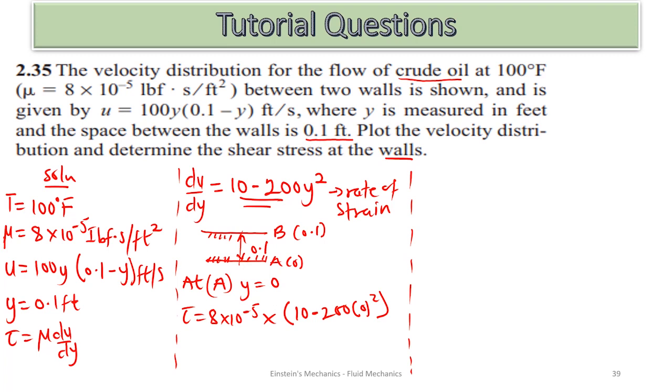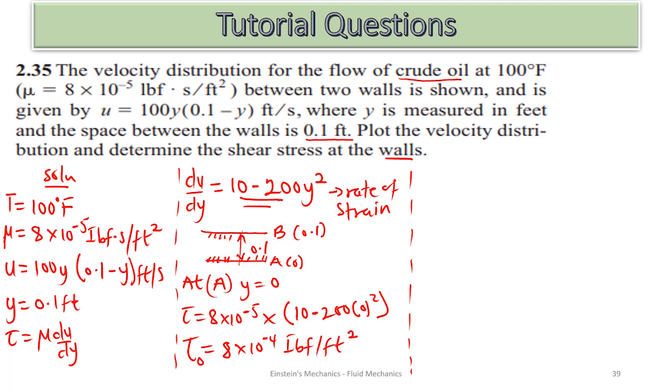And when you punch this, you are going to get the shear at 0 is 8 to the power negative 4 lbf per feet square.